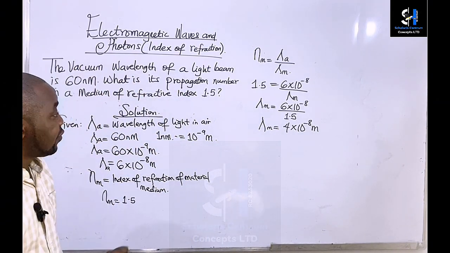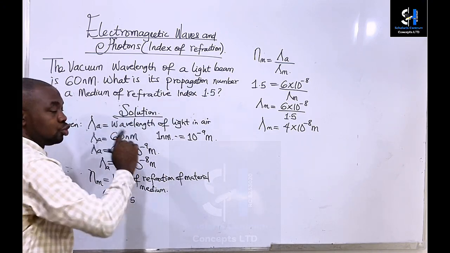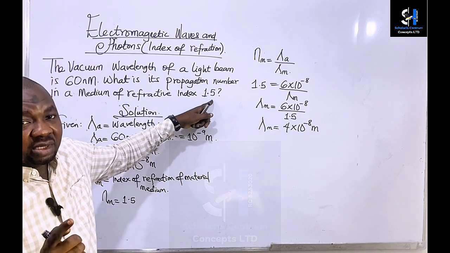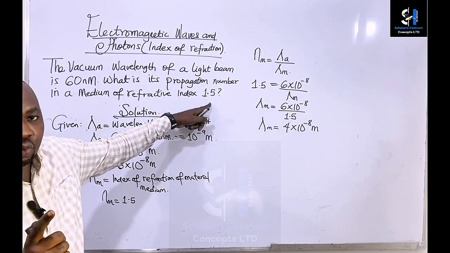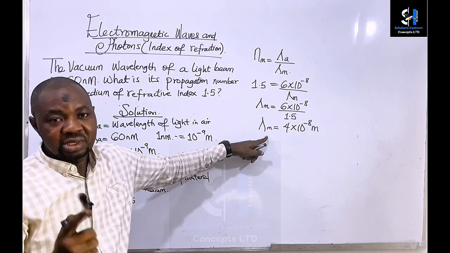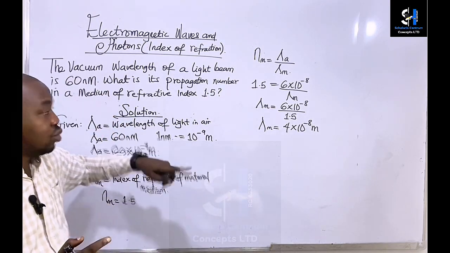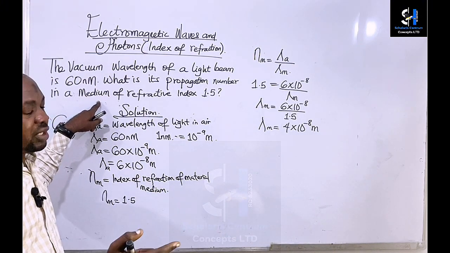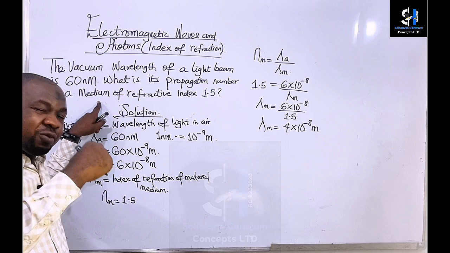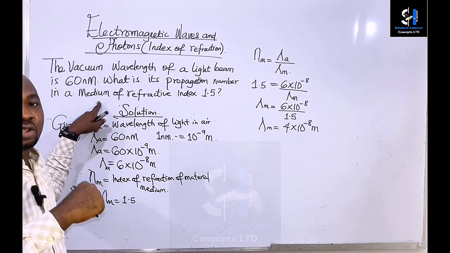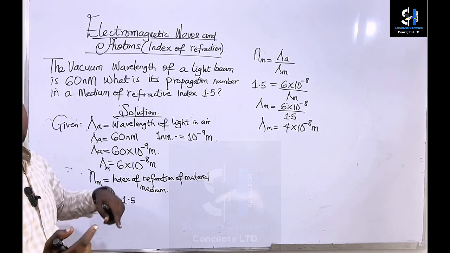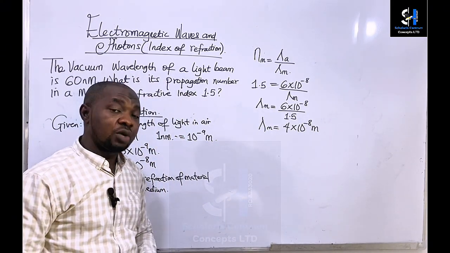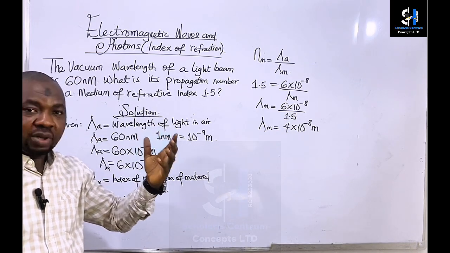So we just calculated the wavelength of the material medium. The question is to calculate the propagation number in a medium of refractive index 1.5, so we first needed the wavelength of the material medium, and now we use the formula for propagation number. What is propagation number?